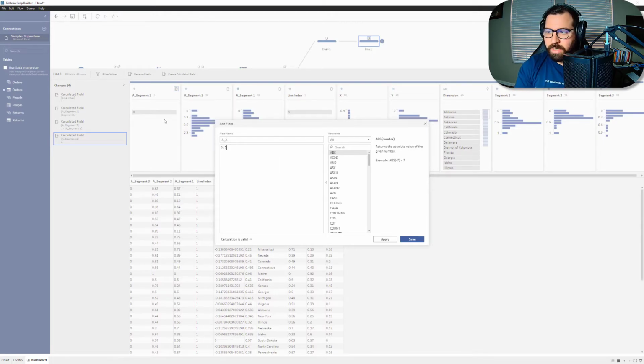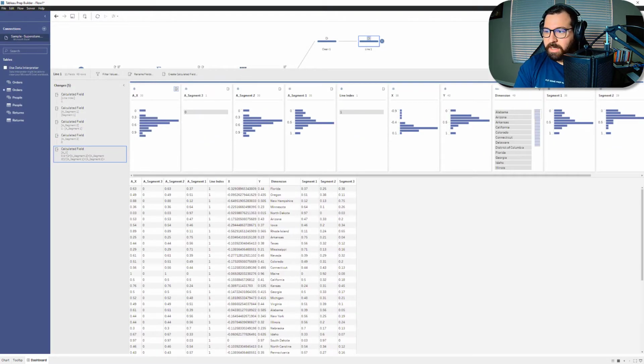So we're going to do 0.5, but the formula is still similar, right? So 0.5 times 2 times a segment 2 plus a segment 3. And then we're going to divide that by a segment 1 plus a segment 2 plus a segment 3. All right.